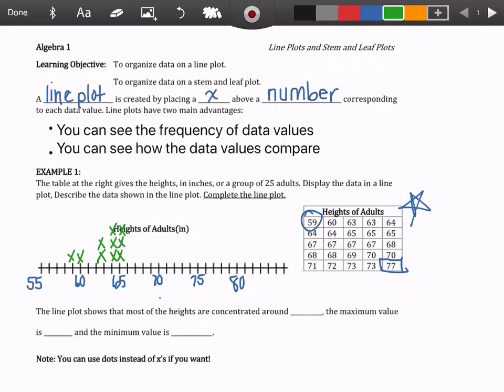So 67, we have 1, 2, 3, 4 X's. And then 68, there's 3 of them. So 3 X's. And you could be crossing these out as you go through.